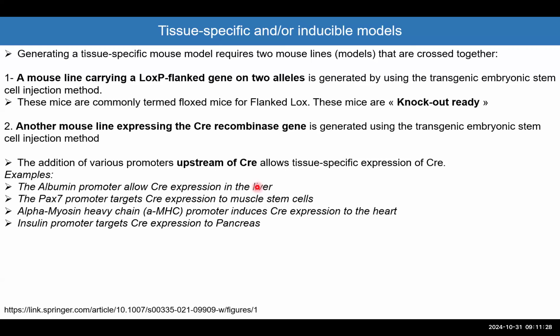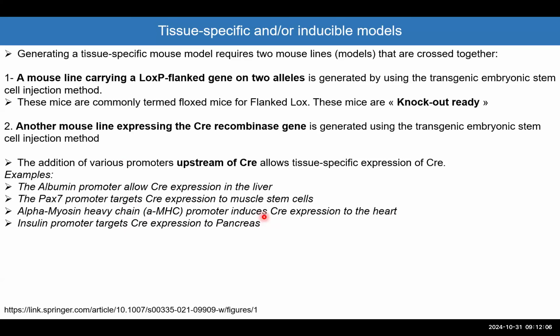Therefore, if you generate a mouse with the albumin promoter and the Cre is under control of that promoter, then it will work only in the liver. Similarly, the PAX7 promoter only works in skeletal muscle stem cells. The alpha myosin heavy chain promoter induces Cre expression only in the heart cells, in the cardiomyocytes. The insulin promoter induces expression only in the beta cells in the pancreas.